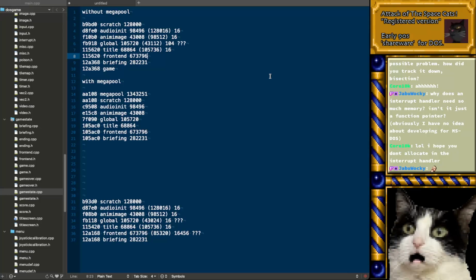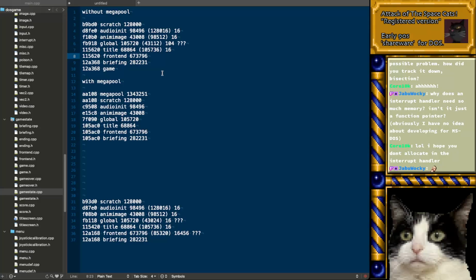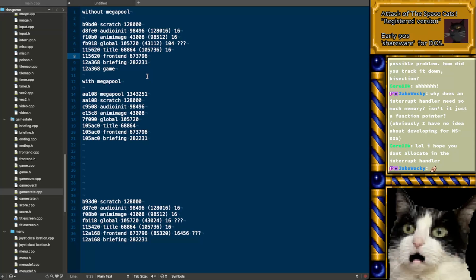I think. I'm absolutely not an expert. Indeed, I know as little as I needed to get the keyboard and the timer working. And because I'm writing a game, which is expected to take over the computer anyway, I don't need to deal with any of that.